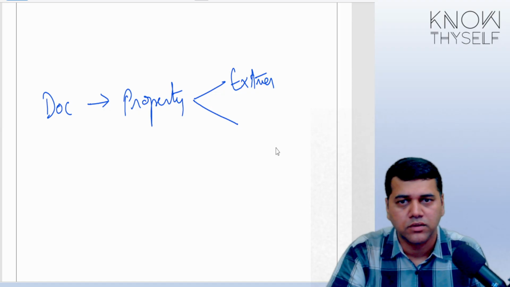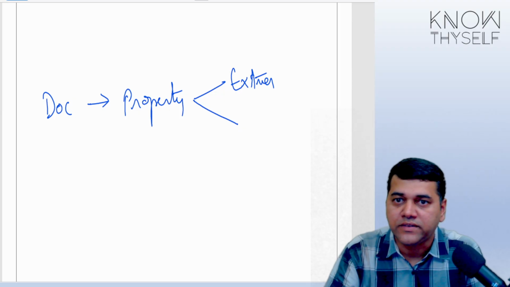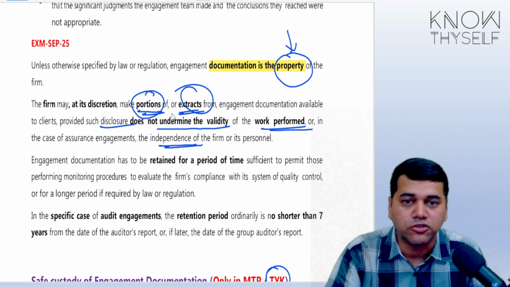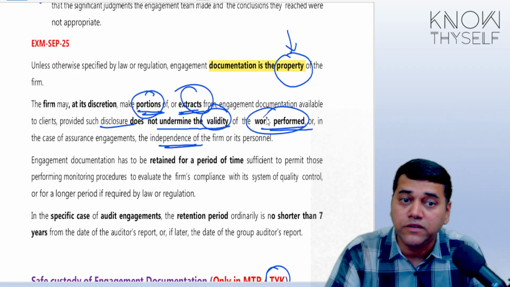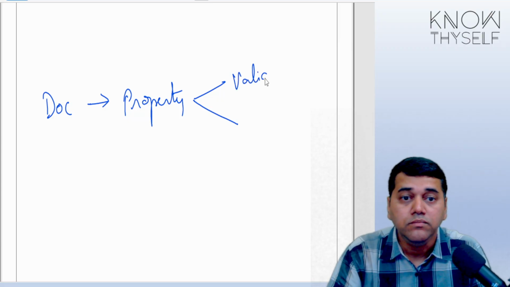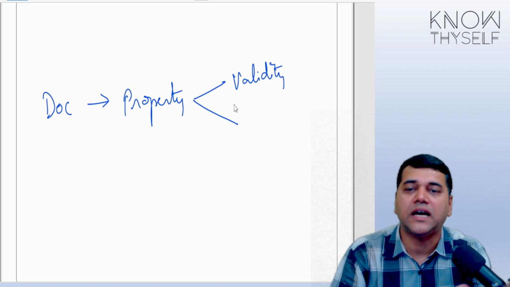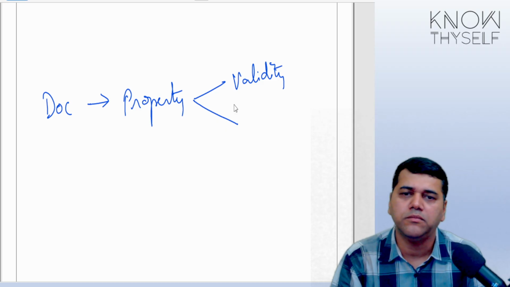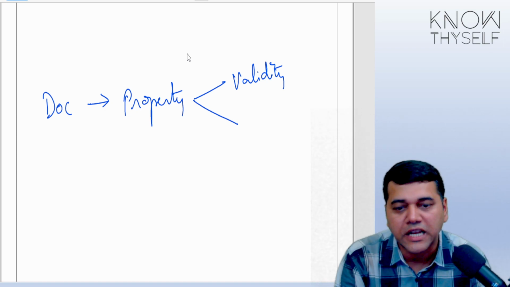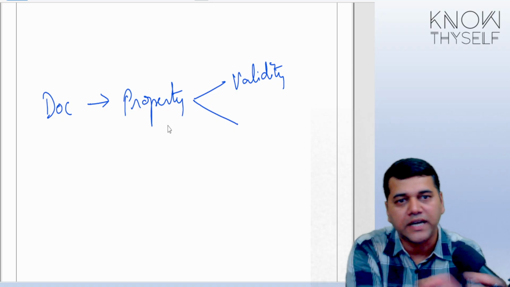No problem. But there are two things you need to keep in mind whenever you give an extract. It should not undermine the validity of the work performed. What do we mean by the validity of the work performed? Say we prepared a very detailed mind map, and some of your friends ask, give me that mind map, I also want to see. You can take only one portion of it and give.